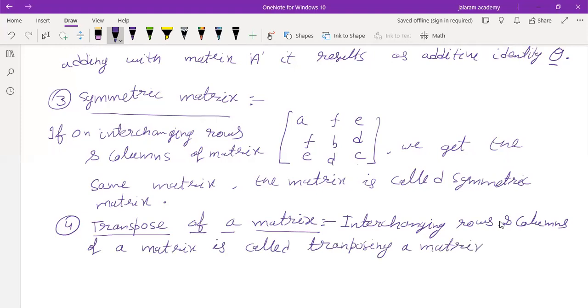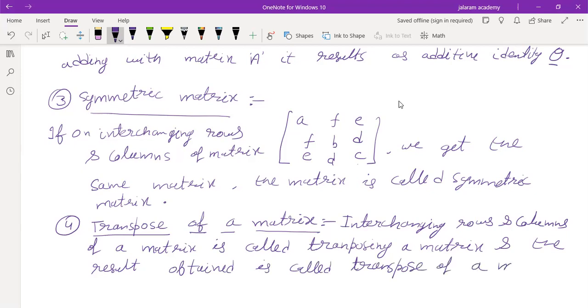Okay. And the result obtained is called transpose of a matrix. Is that clear to you?